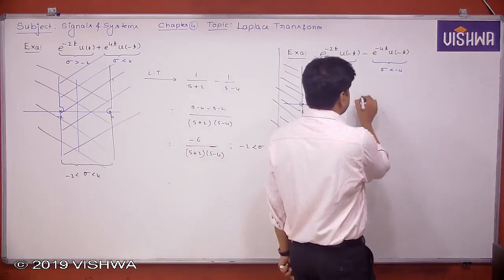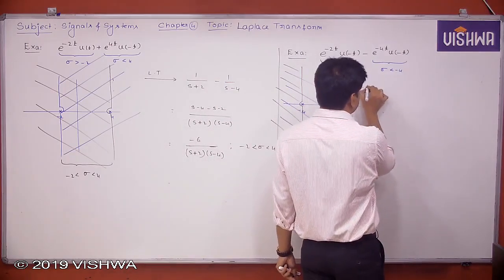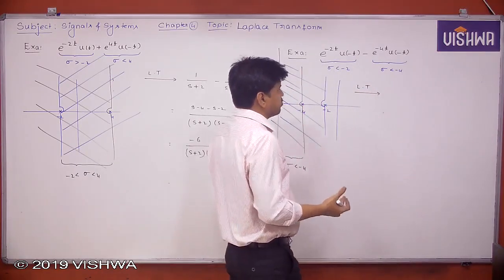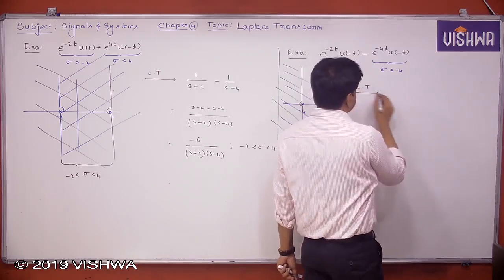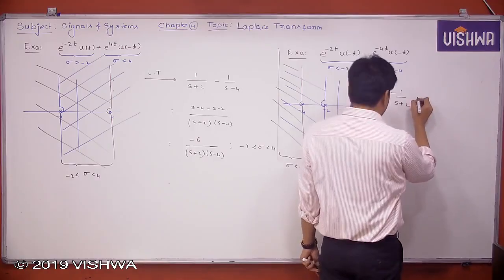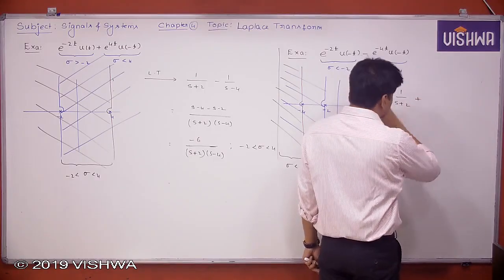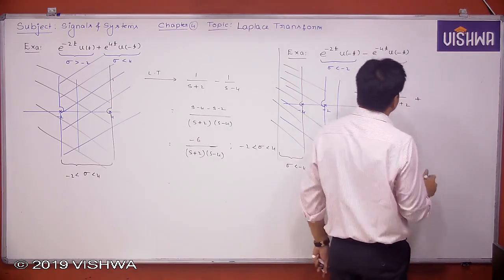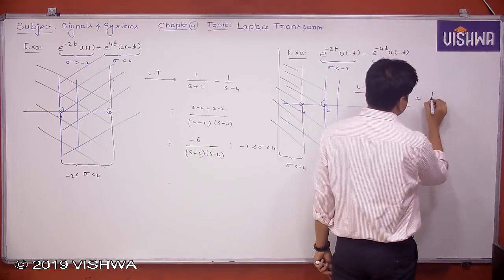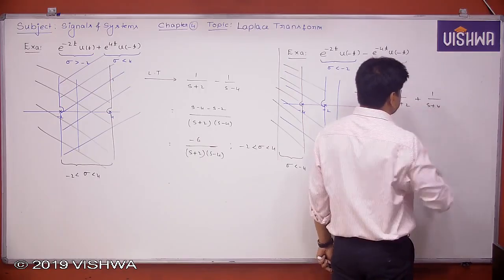So if I take the Laplace transform, because both are left-sided signals, we have to change the sign for both signals. Because it is plus, we have to write minus 1 by s plus 2 plus 1 by s plus 4.